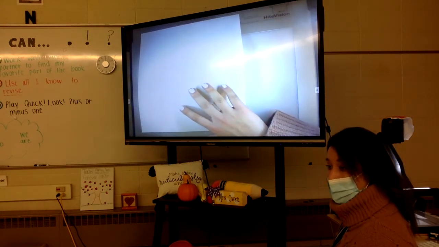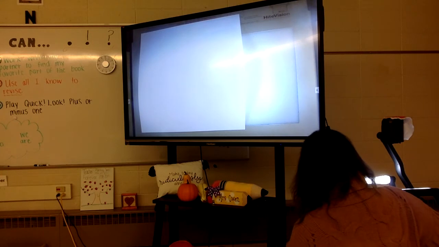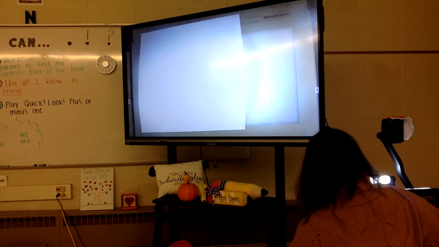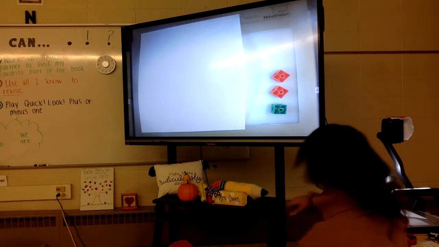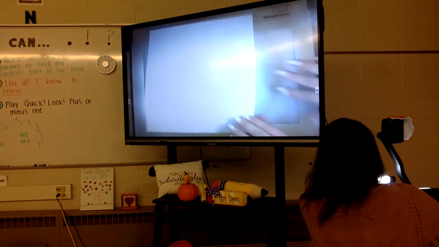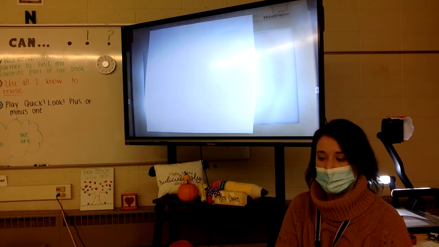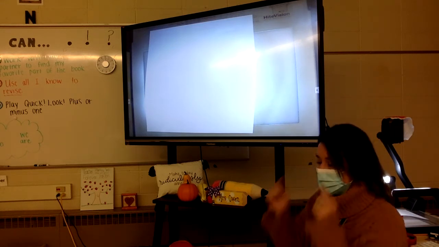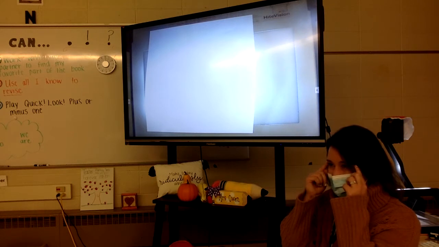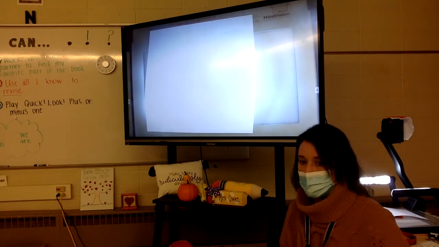I am going to add 3 more cubes underneath here. How many cubes do I have underneath that piece of paper now? I want you to write it down on your whiteboard and then turn it over. Think about it. You know that there was 6, and then I added some more.